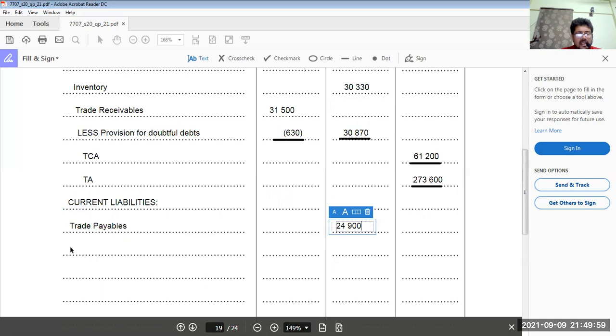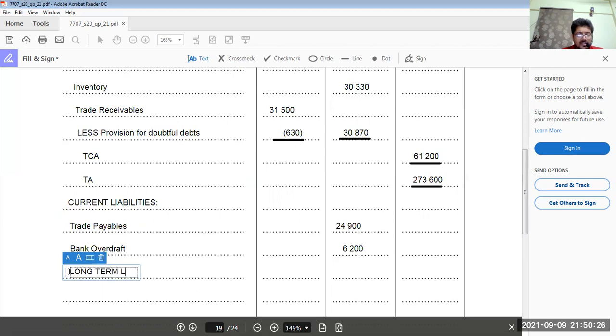And bank overdraft, bank OD. Bank overdraft is how much? 6,200. Done? Okay.